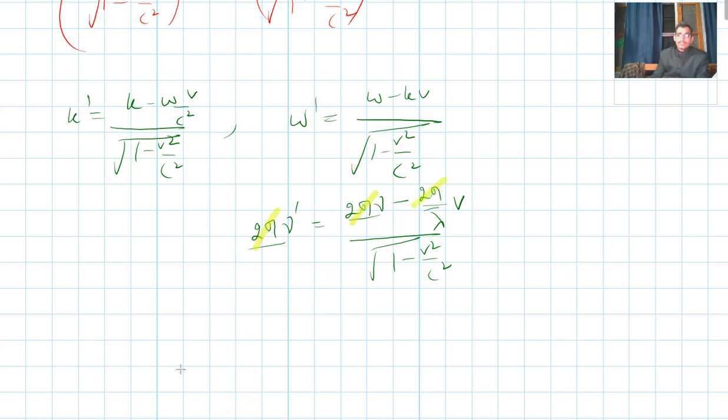So now this is nu prime equal to nu minus v over lambda, upon square root of 1 minus v square over c square.